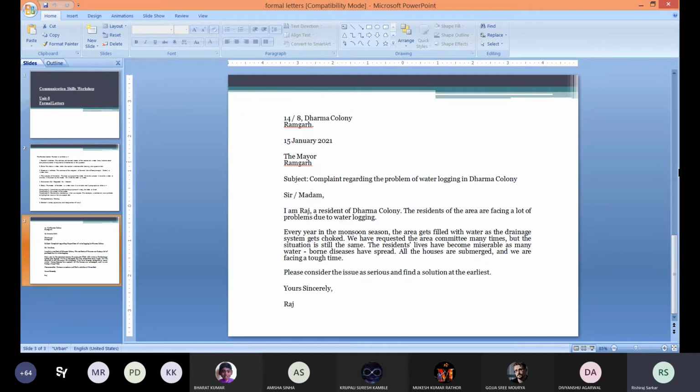In the salutation, just remember that it is either directly sir or madam, or dear sir or dear madam. Some people also use respected sir, if it is an utmost respect position, like a student writing to the director of the college, or a lower level employee or manager writing to the chairman of the company.